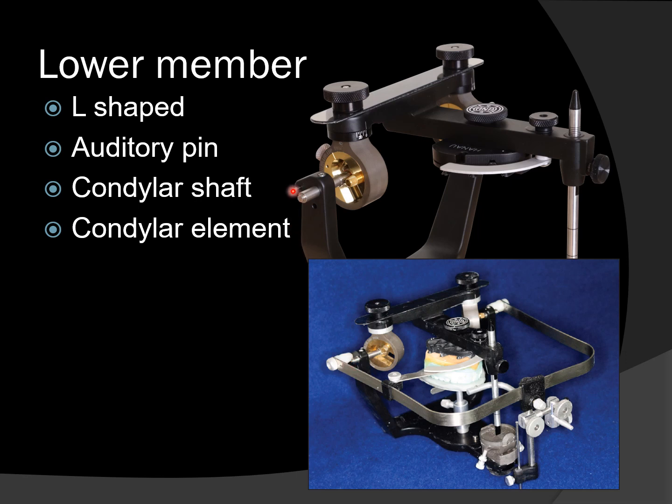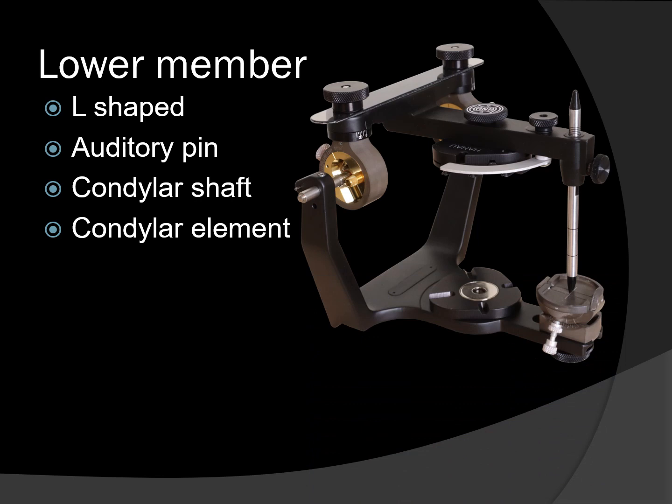So this is about the roll pin or the auditory pin, and anterior to it you can see another metal rod which is capable of free rotation, and that is called the condylar shaft. This is the condylar shaft, which is seen 12 to 13 millimeters anterior to the roll pin. This is actually a cylindrical piece of metal capable of free rotation.